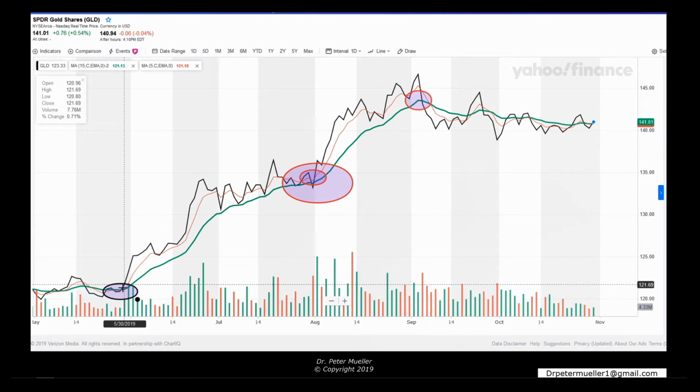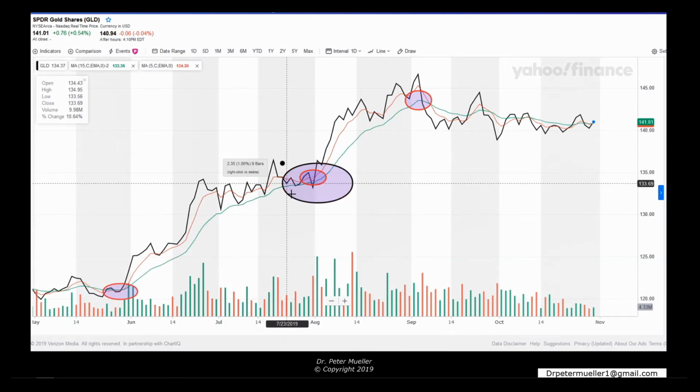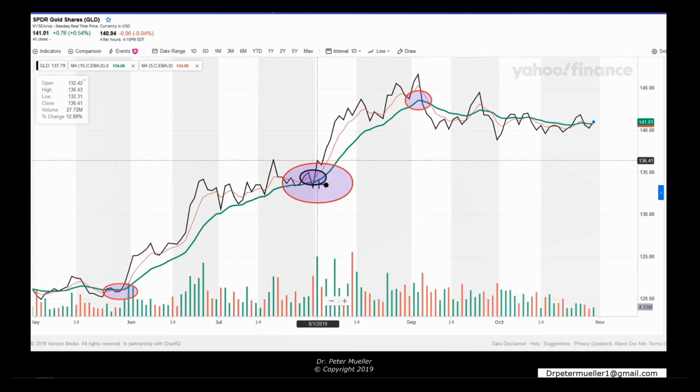The 5-day and the 15-day, they were crossing here and they were crossing here. But you see, by using the 5 and 15 days, we didn't have two crossover points, we did have only the one here coming in. And here the selling point, the crossover point, would have been a little later.